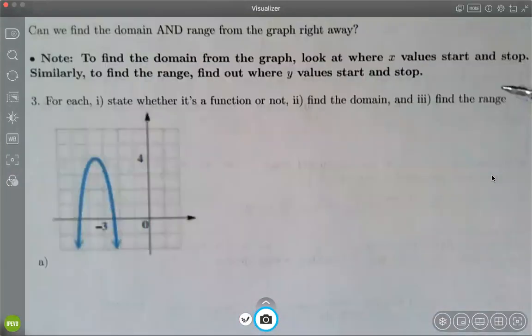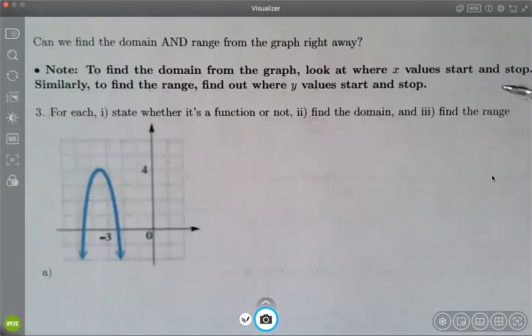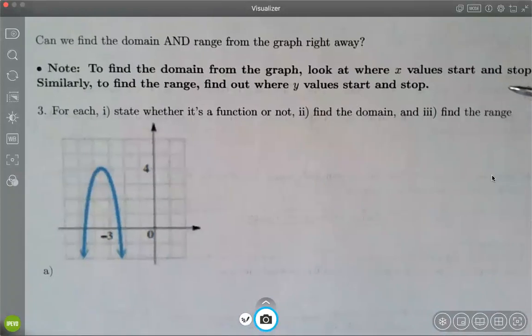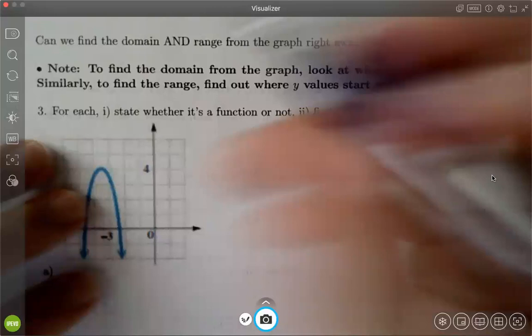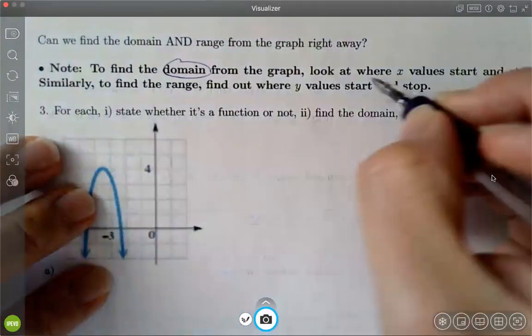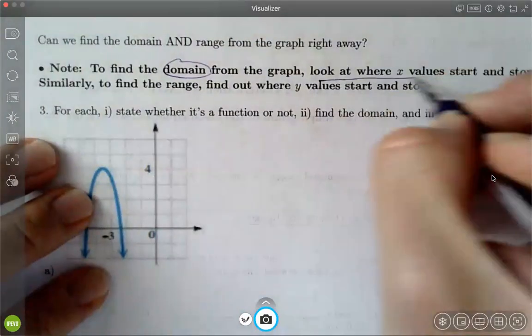So how can you get the domain and the range from the graph? You cannot get the x and y coordinates because there are just so many points, okay? So how do you find the domain in particular from the graph? You have to look at where the x values start and stop.